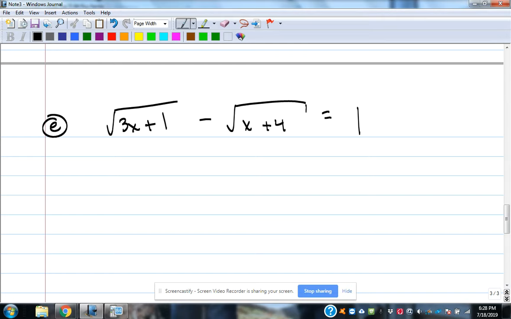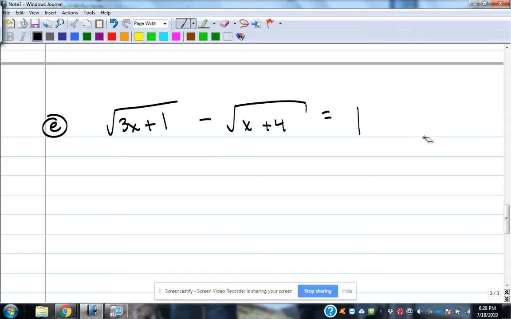And so my goal here is just try to get one of them by itself and then deal with the other one later. Okay. So I think the easiest thing to do would be get this 3x plus 1 one by itself, because all I got to do is just add this to the other side. It's similar to the way I did the previous problem.